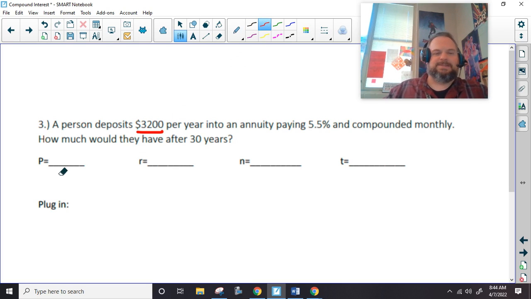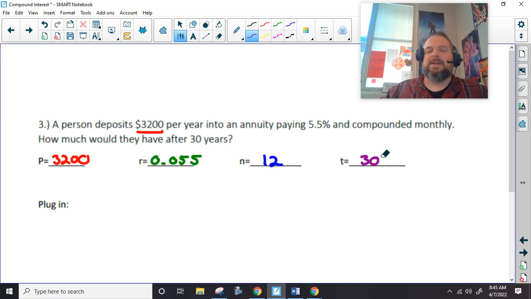All right, a person deposits this. This is a rate, a little bit lower. Compounded monthly, 12 and 30 years. All right, the big things you need to know are annually, quarterly, monthly.